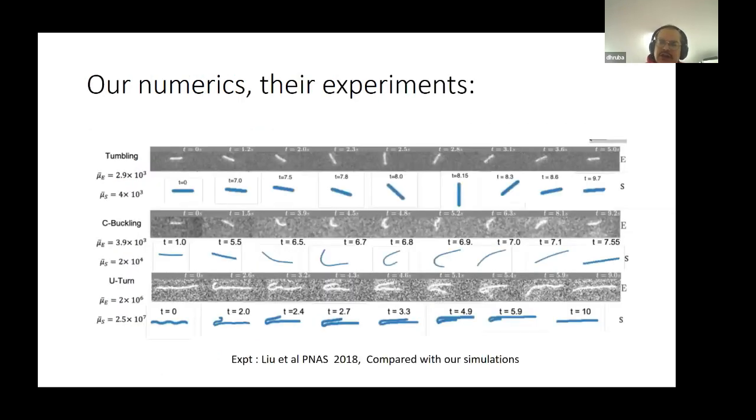So there is a lot of interest in this problem. People have been looking at threads in flows for a very long time, numerically and experimentally. But most of the time, they have been looking at flows which are steady in time. So here is an example of such an experiment. There is a thread that is horizontal, and there is a horizontal shear.